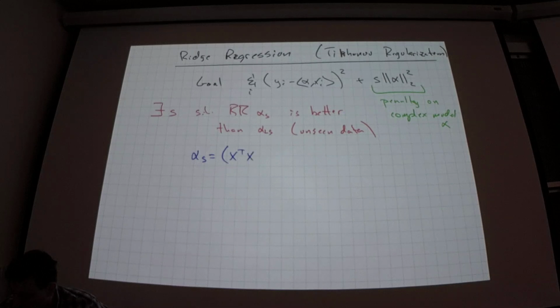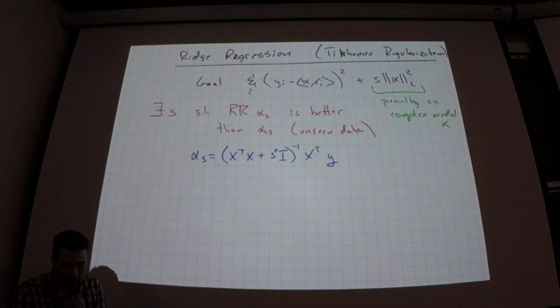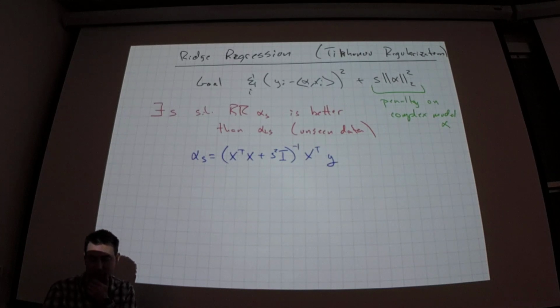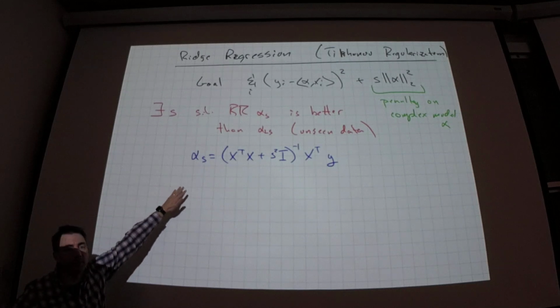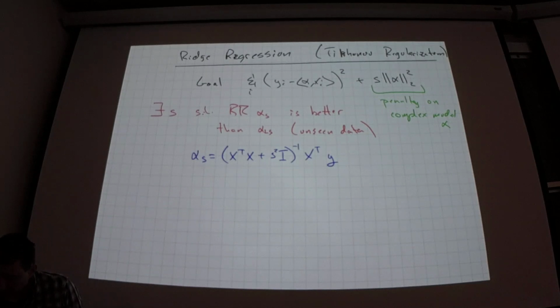X transpose X plus S squared times the d by d identity matrix. So I can solve for the optimal solution by just adding this term right here.